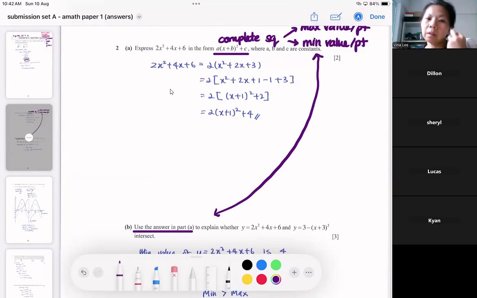If the question never says use the answer in part A, of course you can just do simultaneous equations and show that they don't intersect because there's no solution. However, here you need to use part A. So you need to explain that the minimum value is 4, or you can tell me the minimum point.